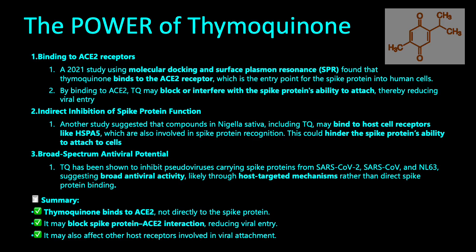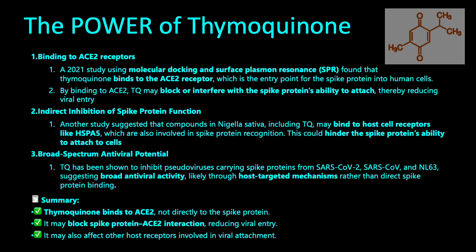And broad spectrum antiviral potential: thymoquinone has been shown to inhibit pseudoviruses carrying spike proteins from SARS-CoV-2, SARS-CoV, and also many other pathogens. And there's a broad antiviral activity. That means thymoquinone has antiviral activity.